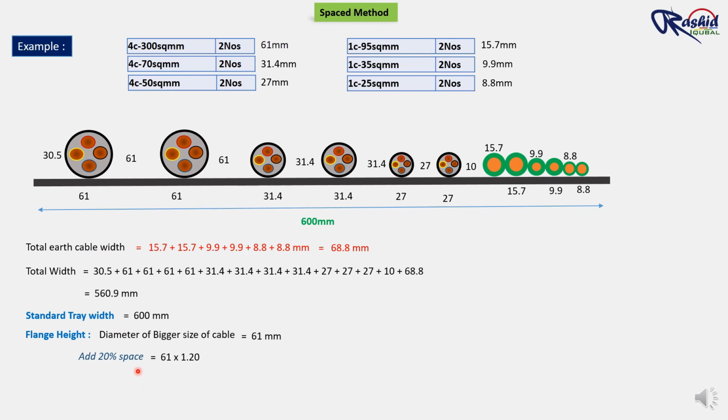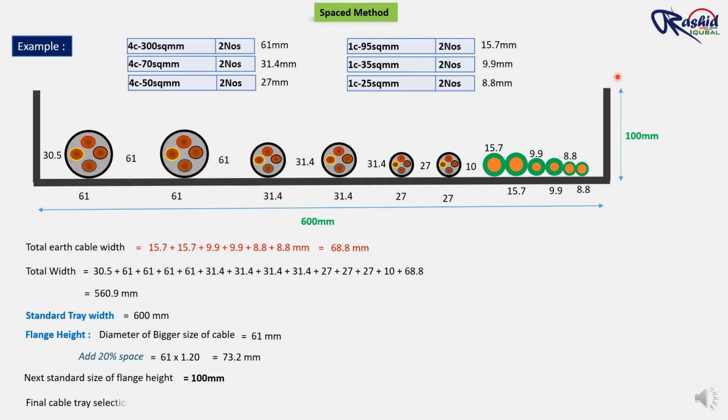That is 61 multiplied by 1.20, which is 73.2 mm. Since 73.2 mm is not a standard height, we will select the next higher standard flange height, which is 100 mm. So the final cable tray size will be 600 mm width by 100 mm height.